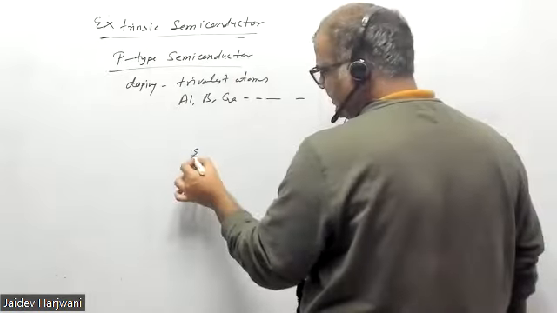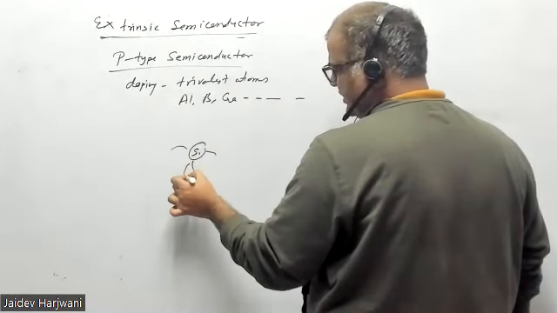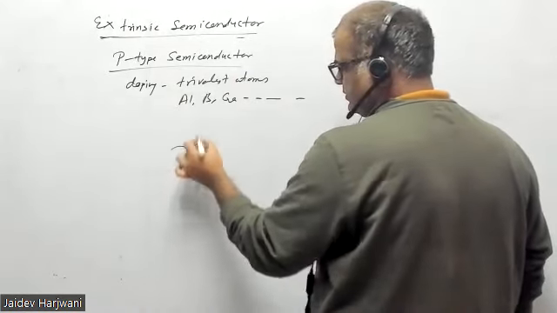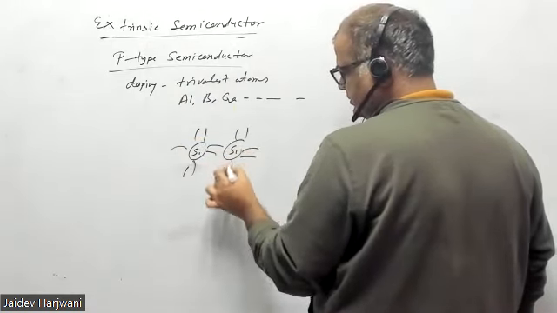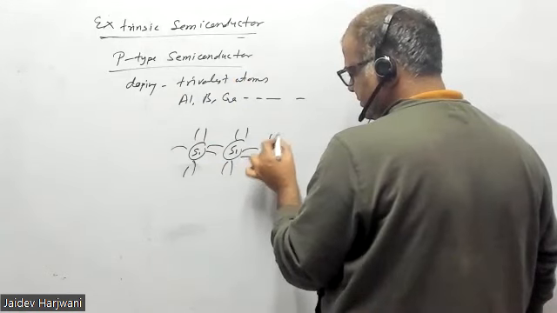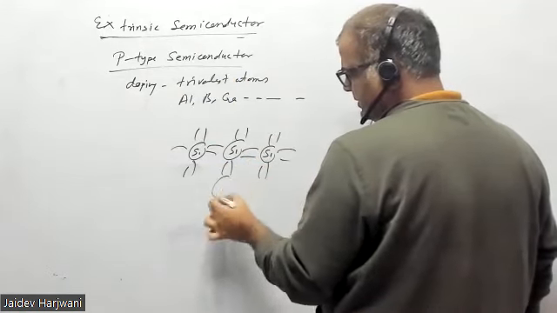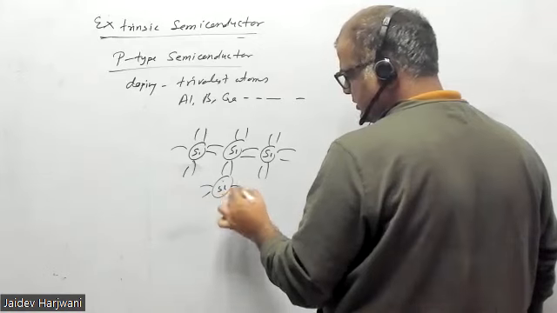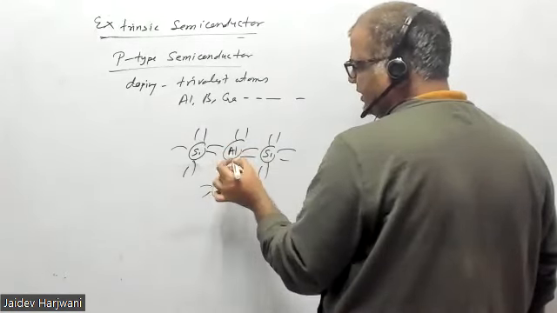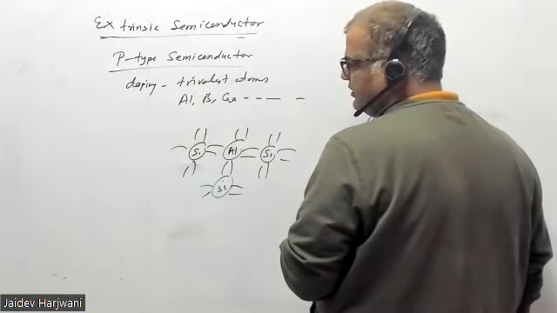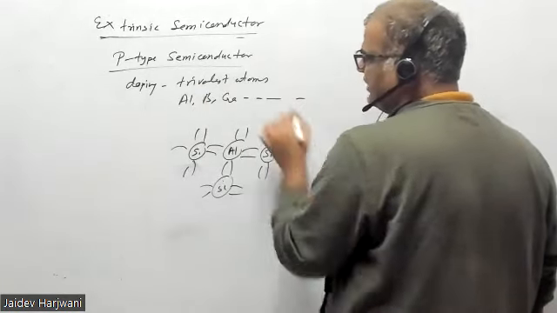So now you have silicon here. Now what you'll do, you will replace this by say aluminum. Now aluminum is a trivalent impurity, a trivalent atom.